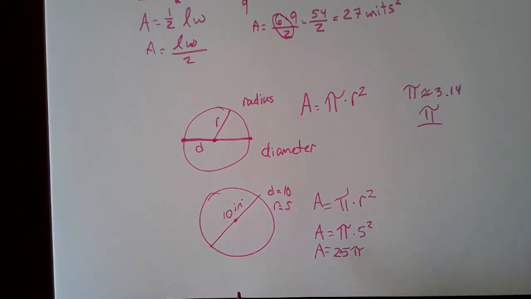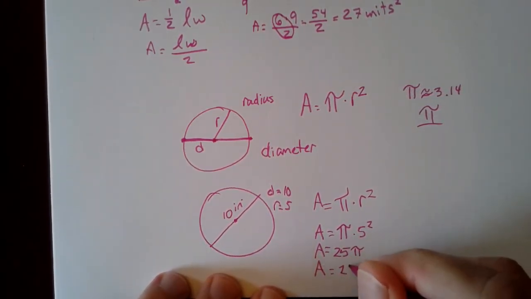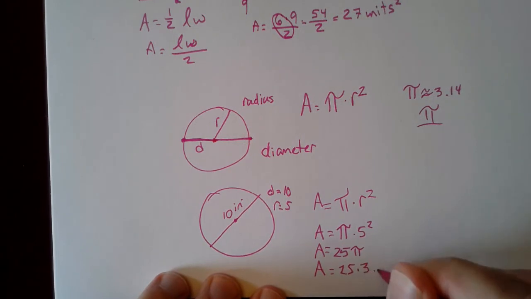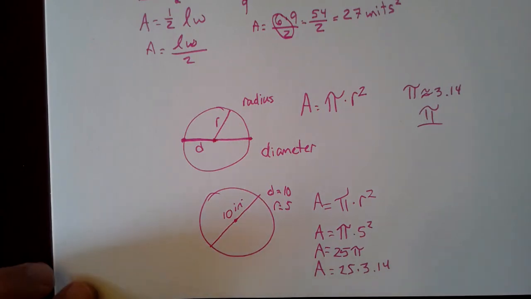It's not too uncommon to see it that way. Now that doesn't tell us the exact, well, actually that is the exact value, but that doesn't give us an estimate of what the actual area inside of this is. We say it's 25 times pi, 25 pi's. That doesn't help many people. So now what we can do is 25 times 3.14 and see what that value is. Pull up the old calculator here.